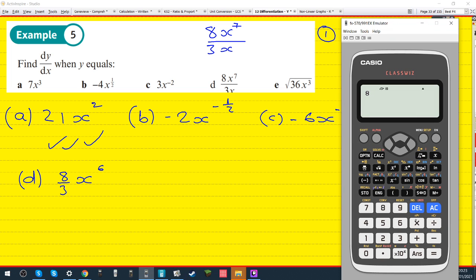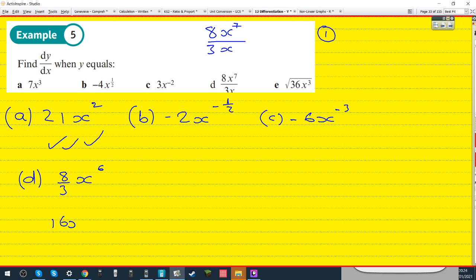Yeah. You can do 8 over 3. It's recurring. Okay. And so power times coefficient. So it'd be 6 multiplied by that. So it'd be 16x to the power of 5. Well done.